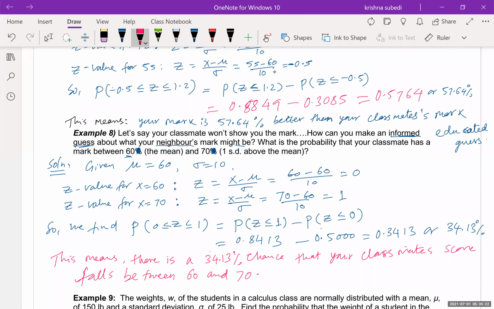Okay, that's how we can calculate. We can say that there is a 34% chance that your classmate has a score between 60 and 70.